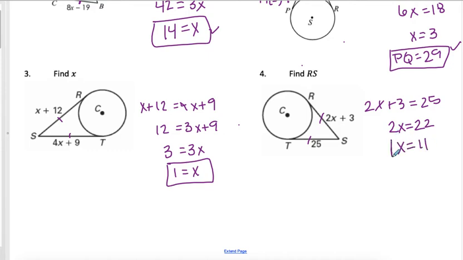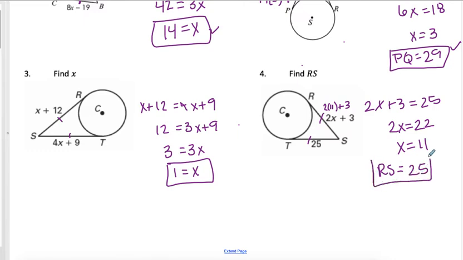Ooh, I almost circled my answer, but this is not what it wanted me to find. We needed to go one step further. It's asking us to find our S. All right, so I need to plug in 2 times 11 plus 3. 22 plus 3, 25.